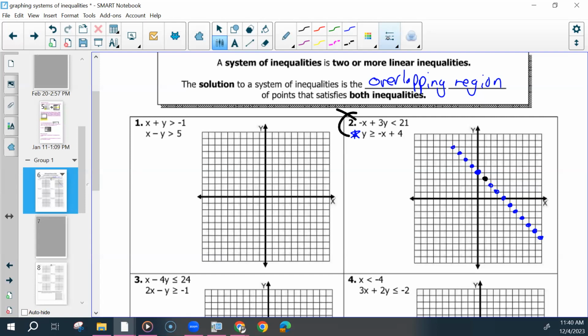Again, a lot of points. Would this line be dashed or solid? Solid. So connect all of your points with a solid straight line. Draw arrows at the ends.